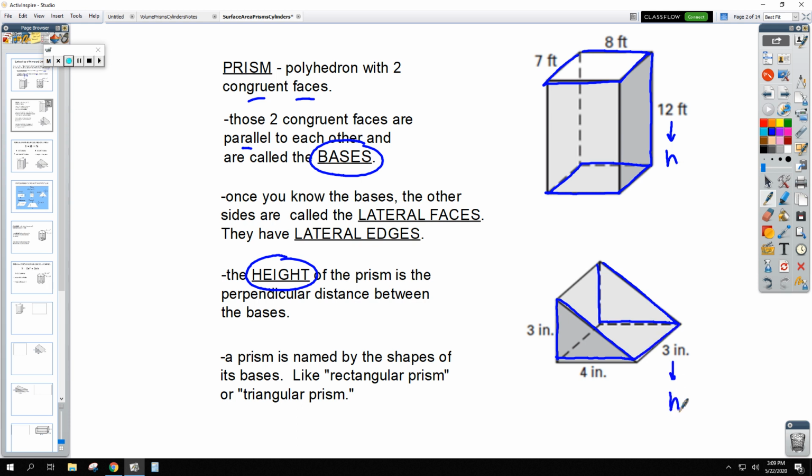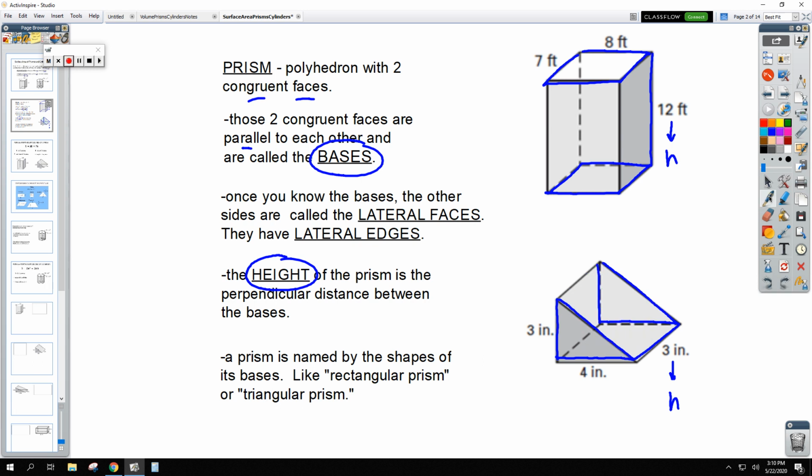Once you've identified the bases, you can identify the lateral faces in your prism, which are essentially just the faces on the side. So right here you have 4 lateral faces. Here are 2 that I'm highlighting for now. Down in my triangular prism, I've got 3 lateral faces that I'm highlighting there.